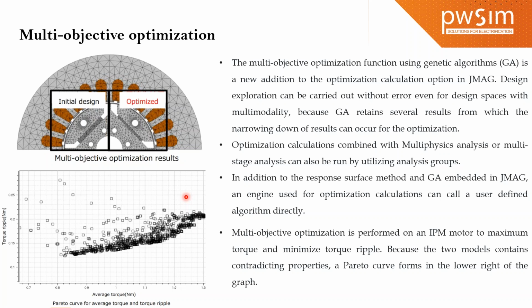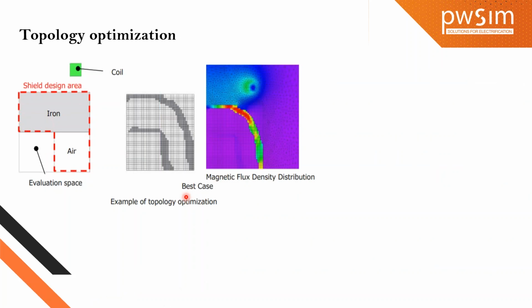In this way, we can optimize various topologies and various design parameters by using this JMAG optimization function.